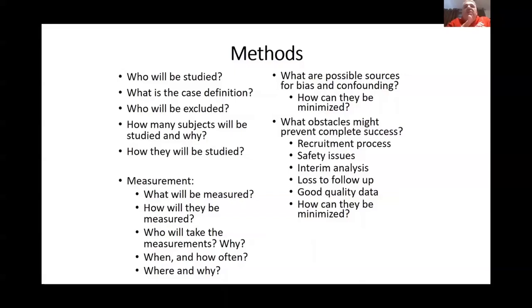How they will be studied, who will collect the data, what you will measure, how they will be measured, who will take this measurement. So all the WH questions should be described in a comprehensive way in your method section in your proposal, and you should follow them strictly. And this is one of the major differences between clinical practice and research practice.